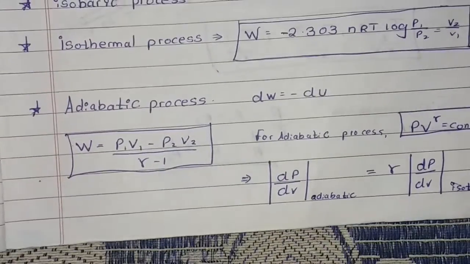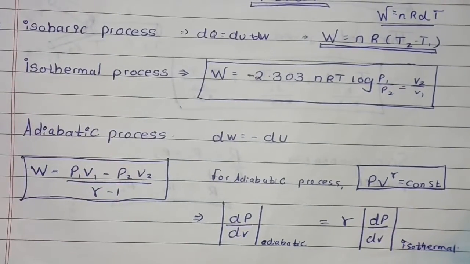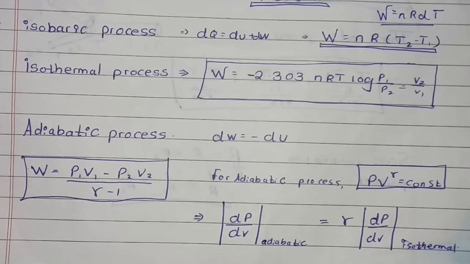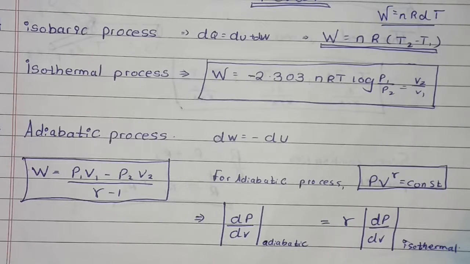And for adiabatic process, the process where the heat change remains constant, work equals (P1 V1 minus P2 V2) upon (gamma minus 1). Since it's an adiabatic process, its pressure would change, volume would change. Here pressure and volume products are taken at the same phase, that is P1 V1 minus P2 V2 upon gamma minus 1.